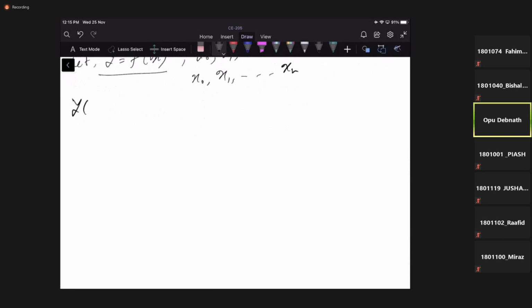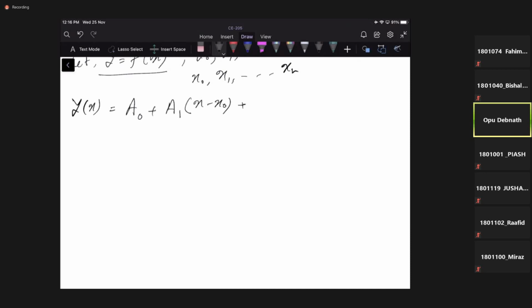The polynomial function f of x will be like a0 plus a1 multiplied by x minus x0. I think in intermediate or HSC level you know how to form the polynomial function.